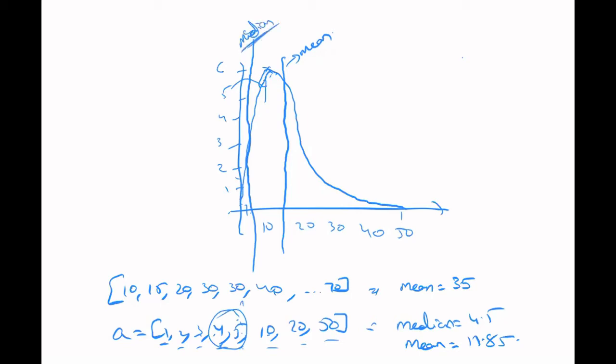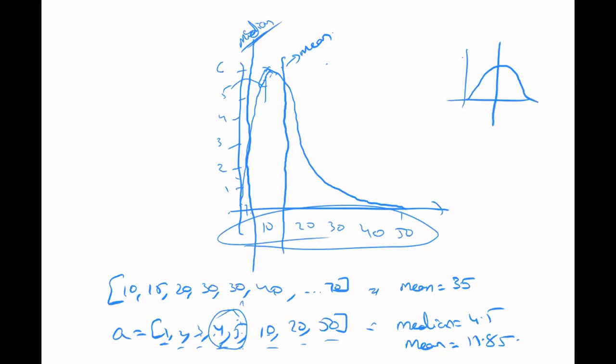Usually, if the median and mean are somewhere in the middle, then you can say that your data is uniformly distributed.